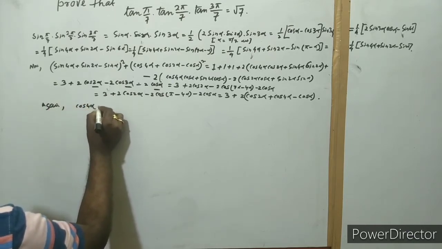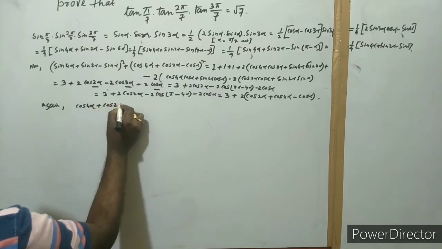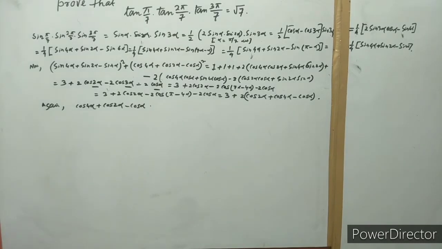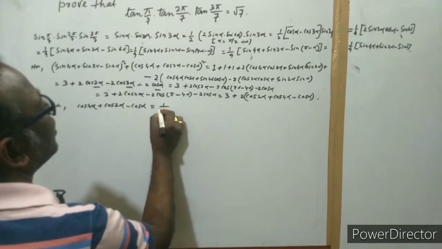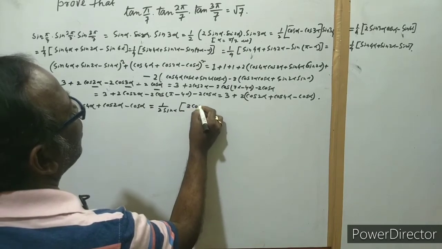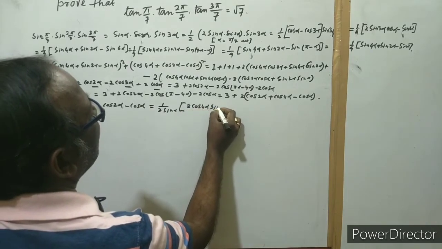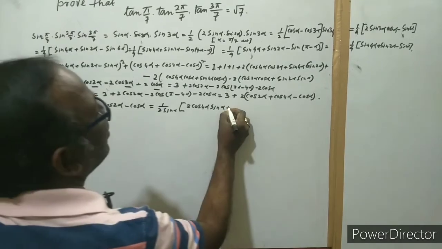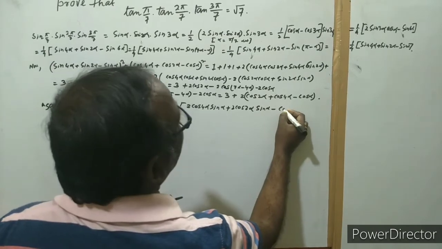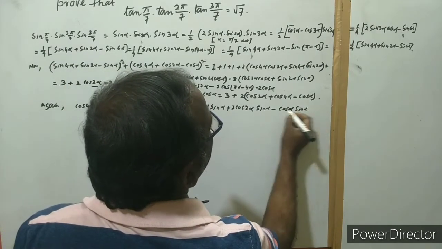Again, cos 4 alpha plus cos 2 alpha minus cos alpha, multiplied by, and that is equal to 1 by 2 sin alpha, then 2 cos 4 alpha sin alpha plus 2 cos 2 alpha sin alpha minus cos alpha sin alpha.